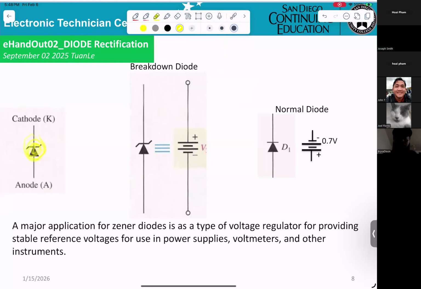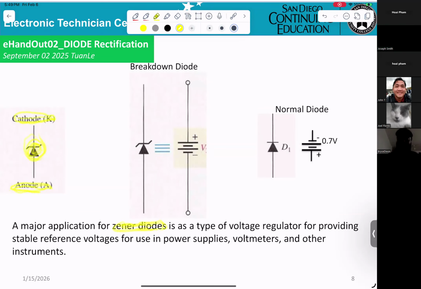That's what they call a Zener diode. Anode here, cathode here. So this is the Zener diode.